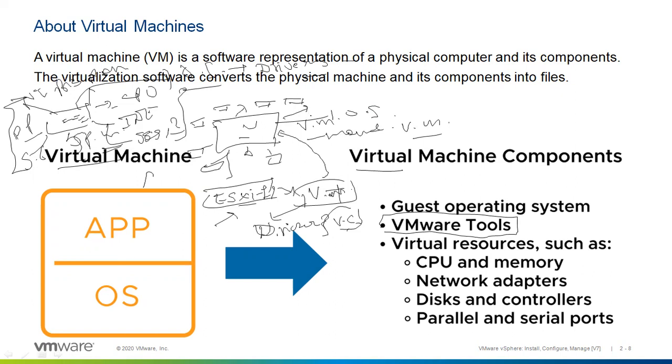We will show this in the near future, and you just install the drivers. It is always recommended to install VMware Tools once you install an operating system inside the virtual machine. As I said, all the resources are available in virtual machines as well, but all of these are software defined components, correct? When I say software defined, it means they do not actually physically exist somewhere.